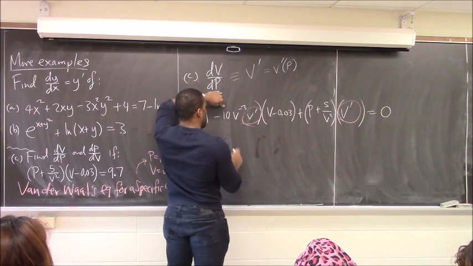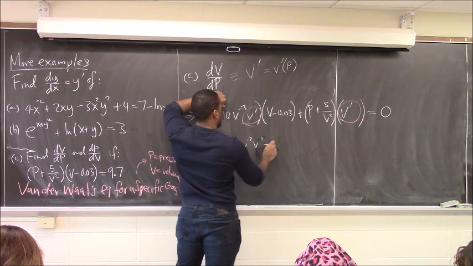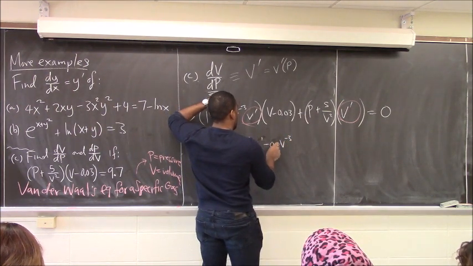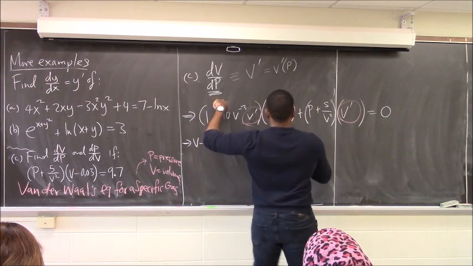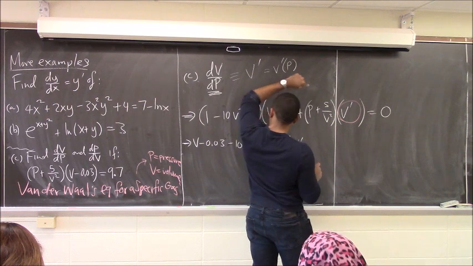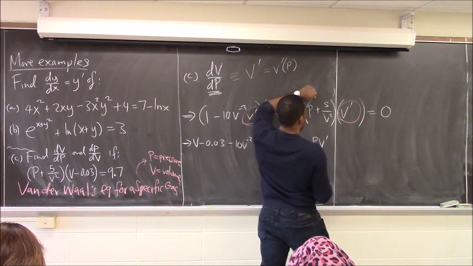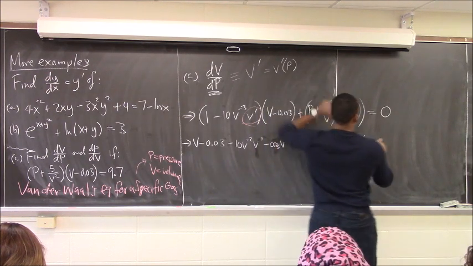This times everyone in there. V prime. And then that expands that. Here I would have plus p v prime. And here I would have 5 over v squared v prime.